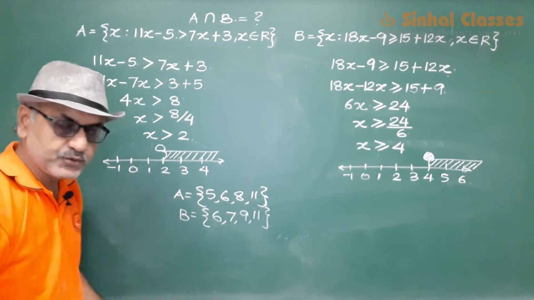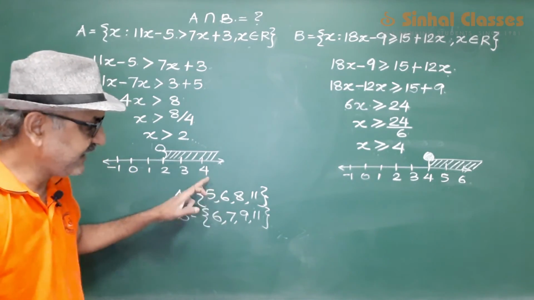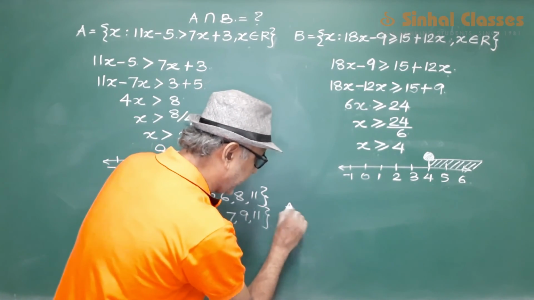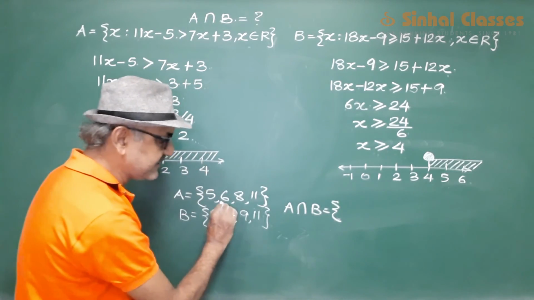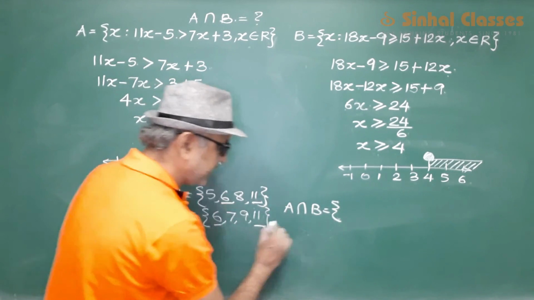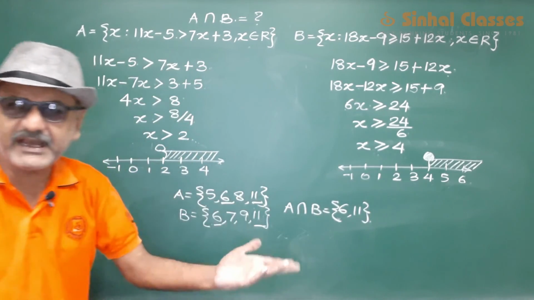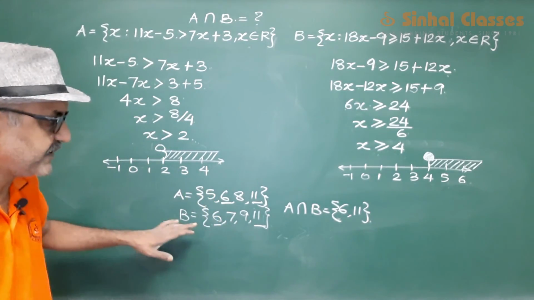Out of these two sets, find out what is common. Whatever is common, in the language of sets, you call it intersection. So here A intersection B should be only these two elements, 6 and 11. So children, here is your intersection of sets. Intersection of sets means common, in simple language. You must have studied it in 8th standard in the chapter on sets.